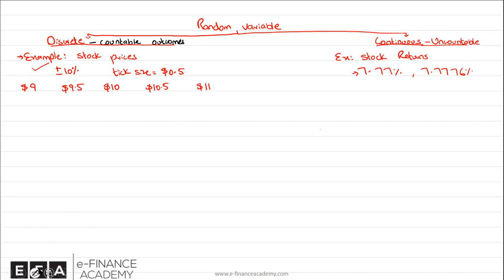All right, so when we speak about discrete, we'll elaborate on this in more detail. We have two types of discrete distributions. We have one which is called the discrete uniform distribution. What does discrete uniform mean?